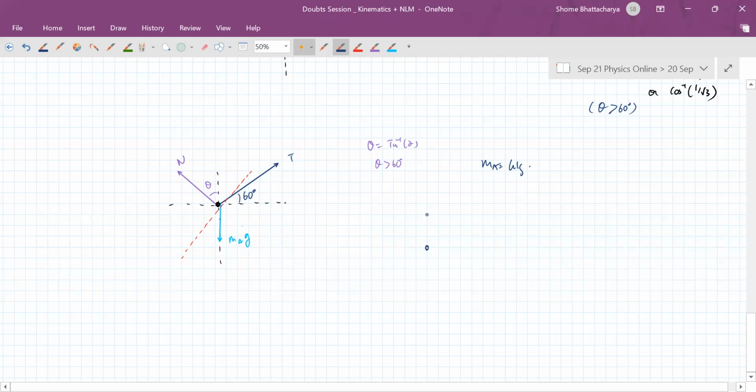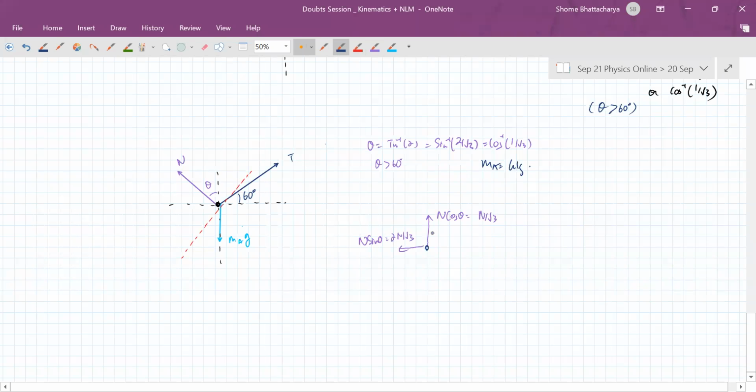So the vertical component of N becomes N cos theta, which we saw is N by root 3. So this is the same as sine inverse 2 by root 3, cos inverse 1 by root 3. And the horizontal component of N is 2N by root 3.